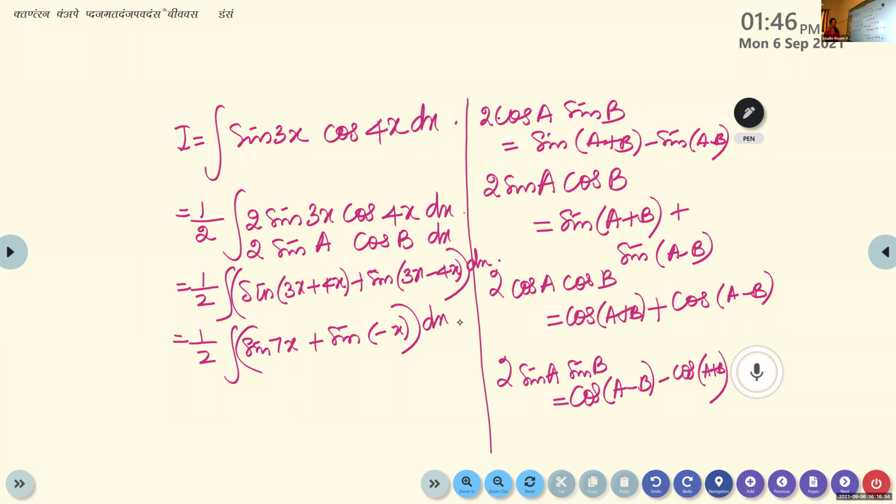Look at the fourth quadrant, all silver teacups: fourth quadrant means only cos and sec are positive. For the other trigonometric ratios, minus will come outside. So sine of minus x will be minus sine x. So it will become sine 7x minus sine x.